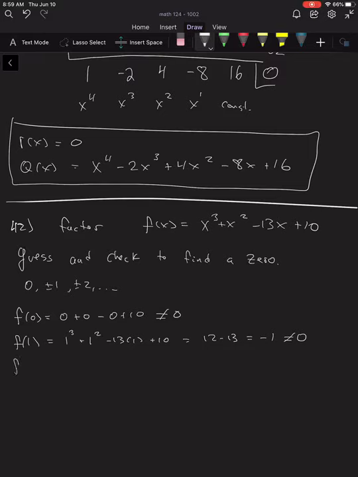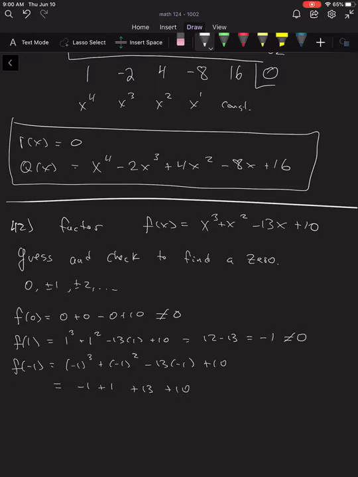Let's move on to the next one, f of minus 1. Okay, so minus 1 to the 3, minus 1 to the 2, 13 minus 1, plus 10. So this is going to give us minus 1 plus 13. Wait a minute.